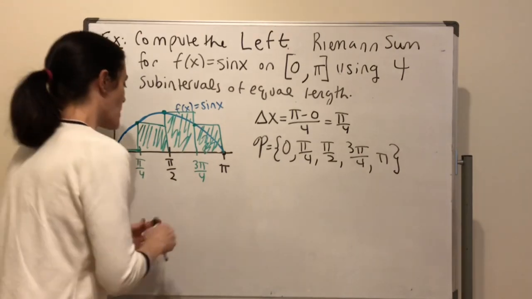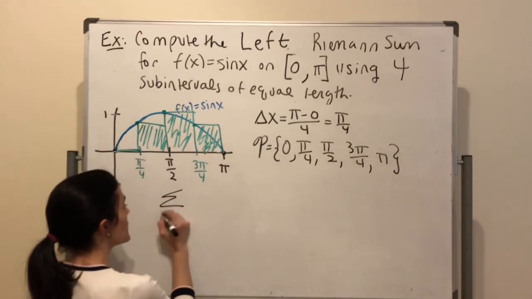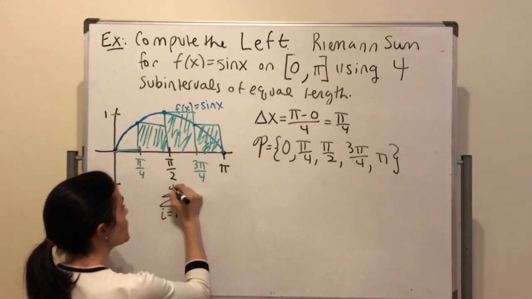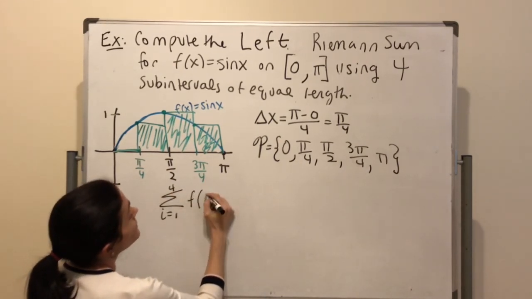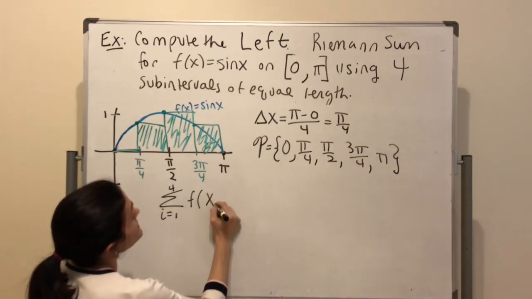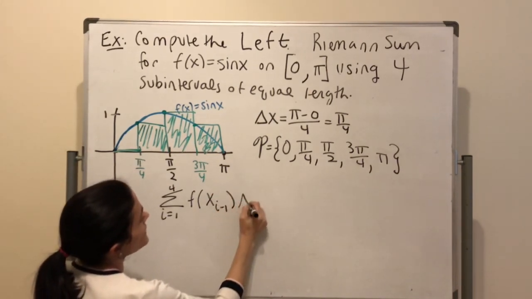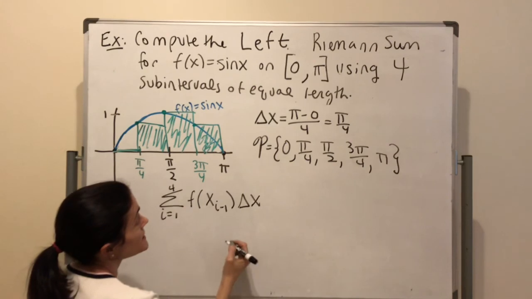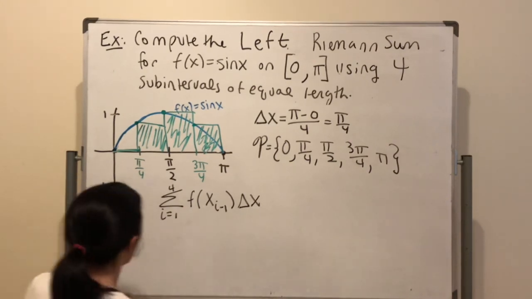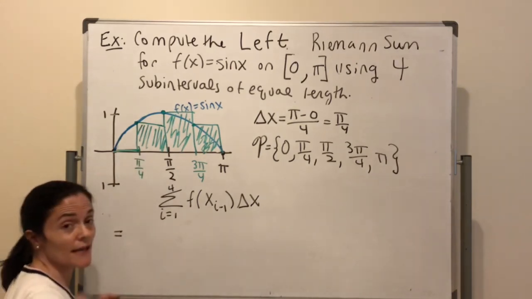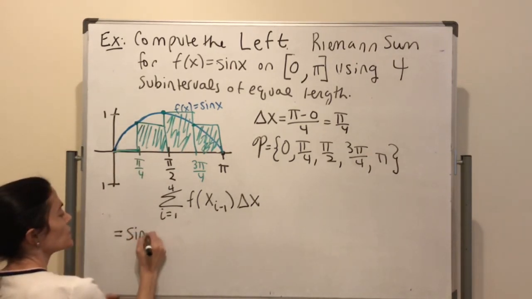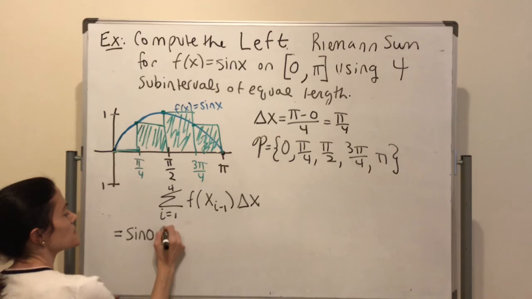Okay, what we want is the sum i equals 1 to 4 of f of the left endpoint, x sub i minus 1, times delta x, where delta x is pi over 4. Well, we see by looking it's 0, but maybe I will just include it. It's sine 0 times pi over 4.